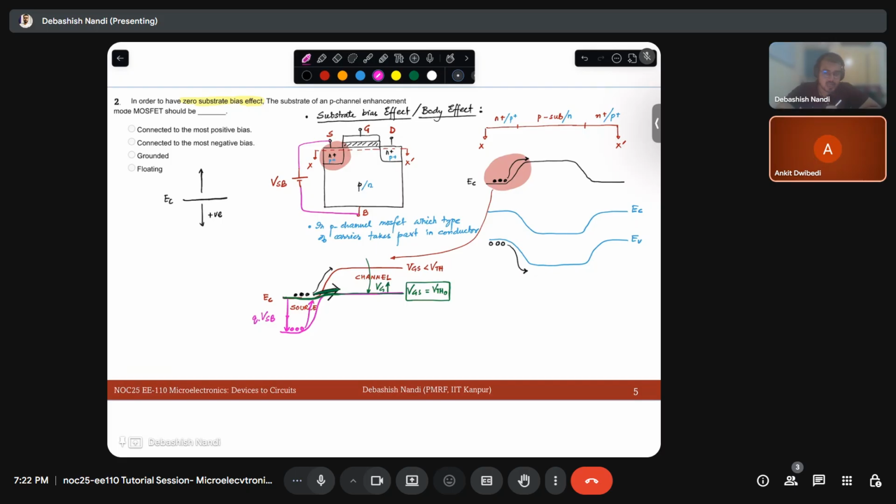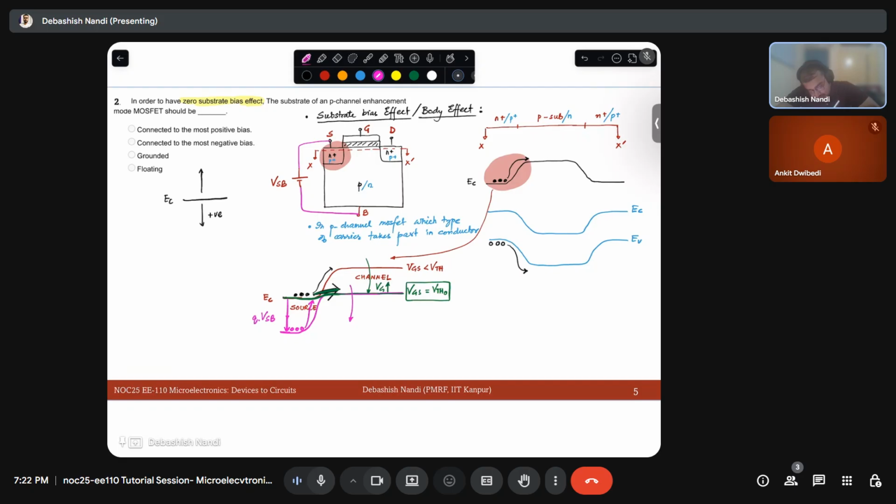Now how do I ensure that my carriers can cross and do not see a potential barrier? One solution is to further lower the conduction band energy in the channel.